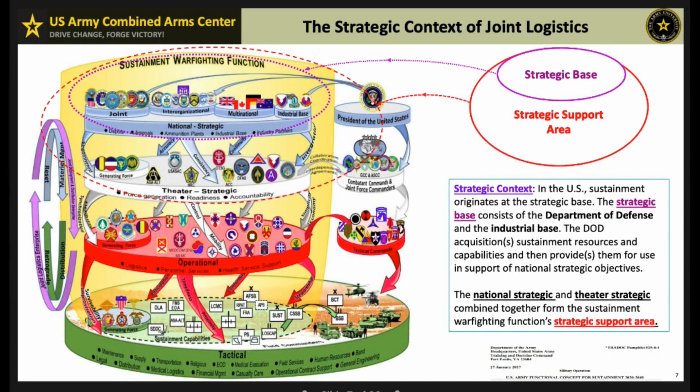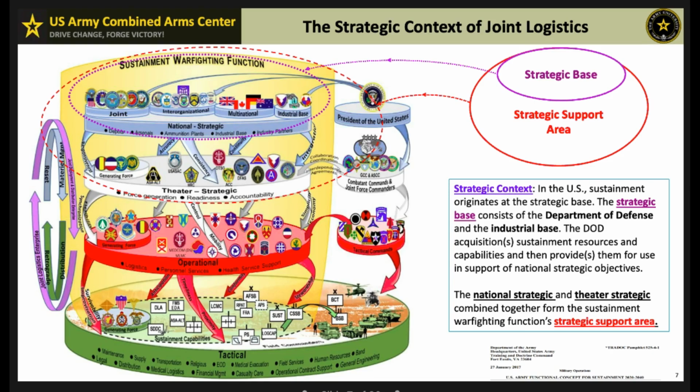These entities provide the overarching structure for global logistics, ensuring resources are available for sustainment. At the national strategic level, the focus is on generating resources through depots, arsenals, ammunition plants, and the industrial base.